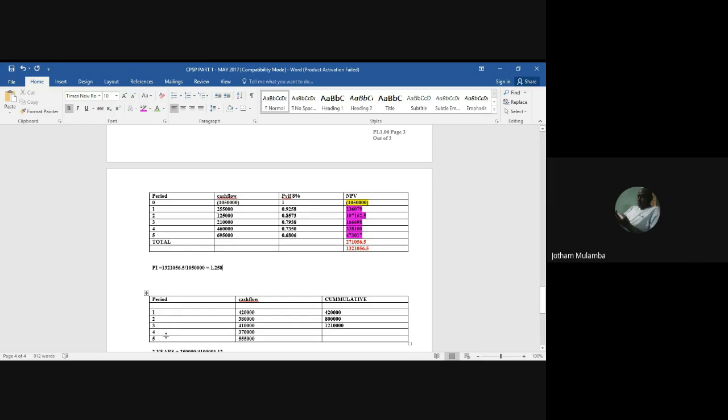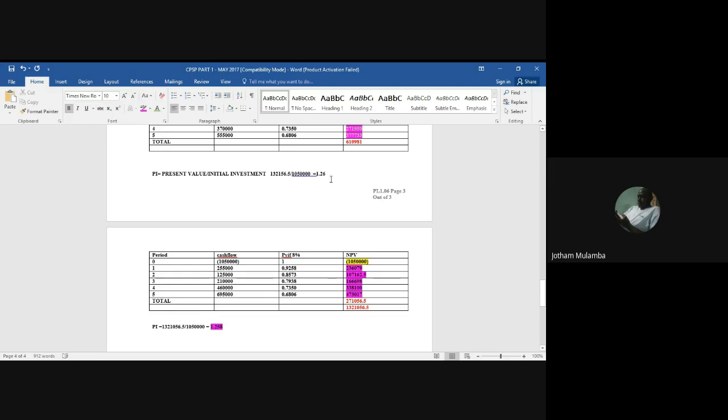Now, considering the two projects, what will you advise management to invest in? 1.258 and you have 1.26. Which project will you advise management to invest in?